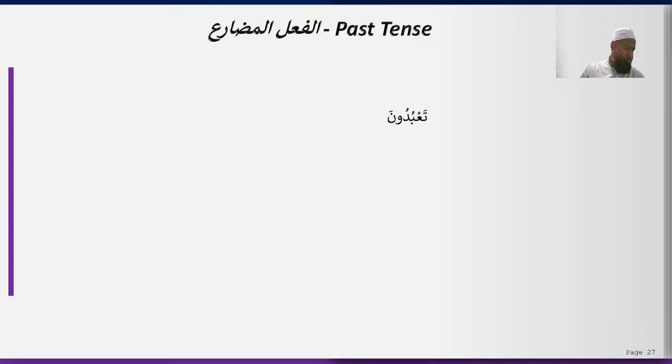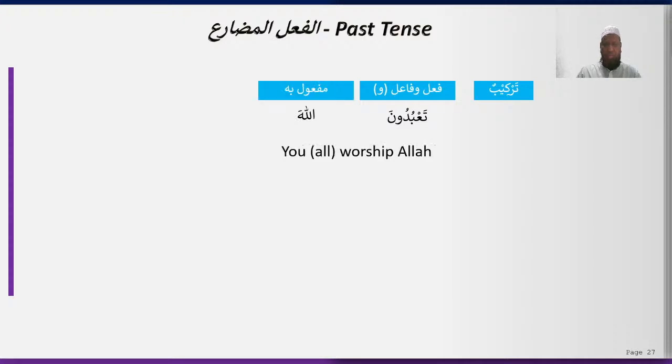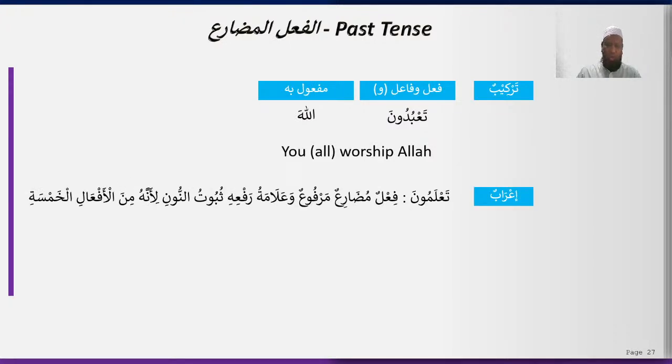Yes or no? No, because the waw al-jama'a is the fa'il. You can see it is visible, ضمير البارز. So next we need مفعول به. تعبدون الله. You all worship Allah.